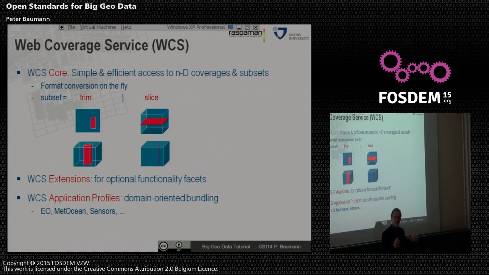So we have an EOWCS that says, okay, you should support scaling, you should support CRS transformation, and by the way, we have some extra functionality which allows you to search in remote sensing imagery. The same thing is under work for MedOcean and work has now started for sensors. So that is just some packaging, some bundling.